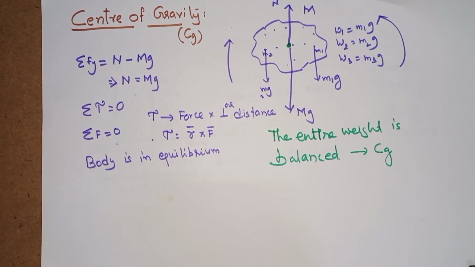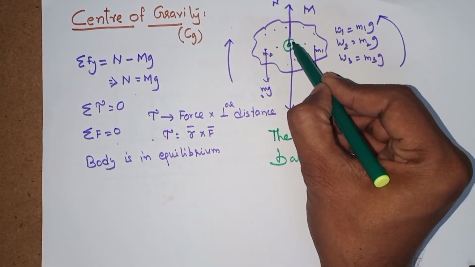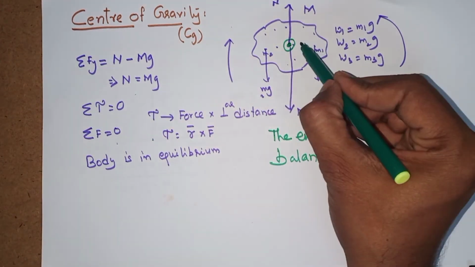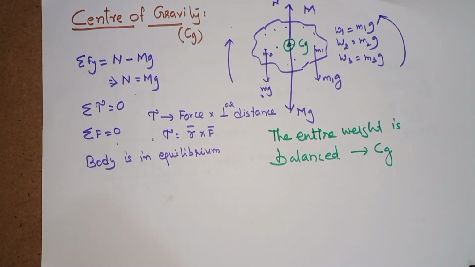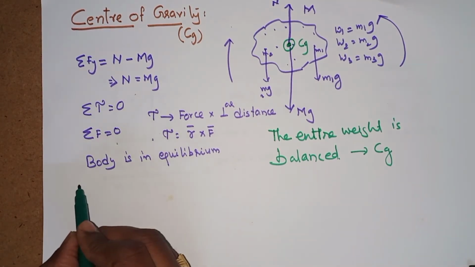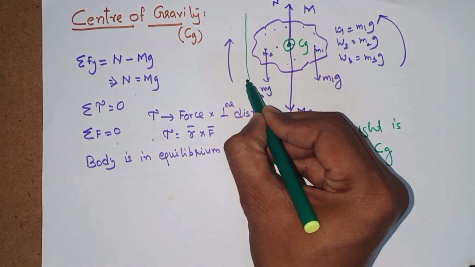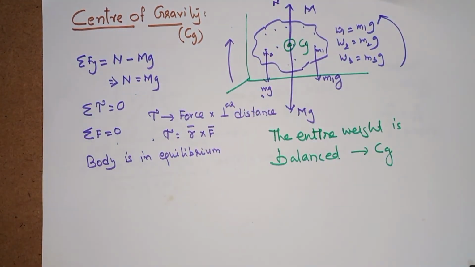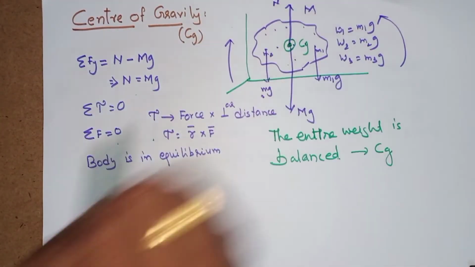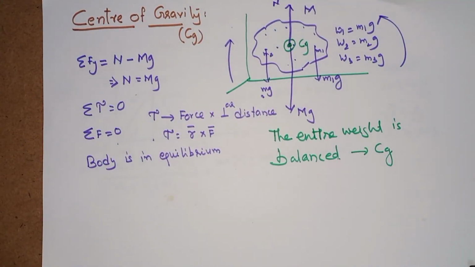The location or point where the entire weight is said to be concentrated is called the center of gravity. How do we find out the location? Similarly, you can choose the same reference axis, choosing a number of particles and their weights.